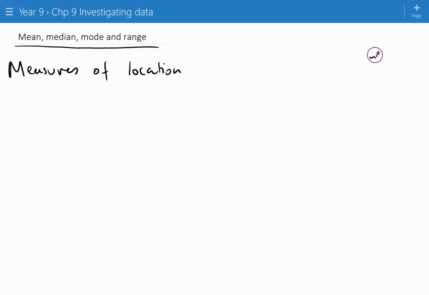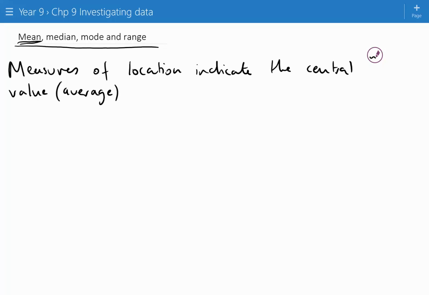These indicate the central value, commonly known, we already know this word, the average. But if I ask you to find the average of something, you probably think about the mean, where you add all the scores up and divide by how many there are.